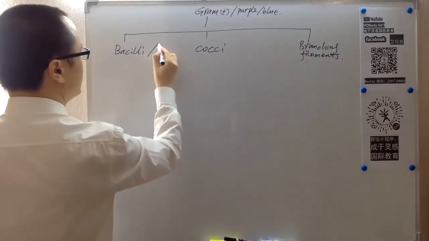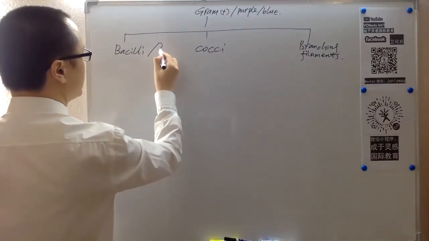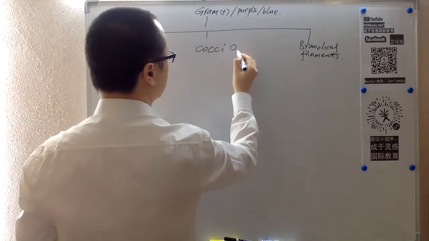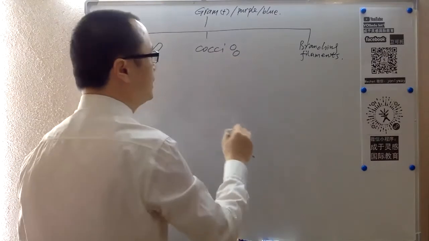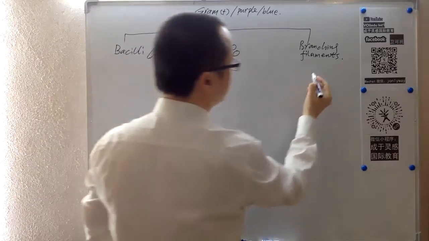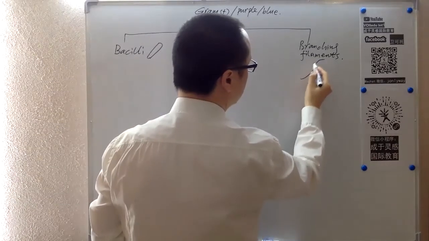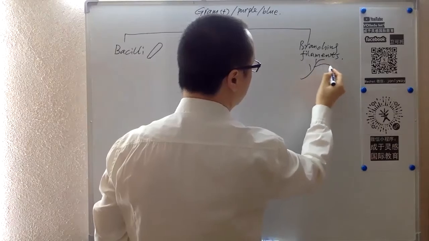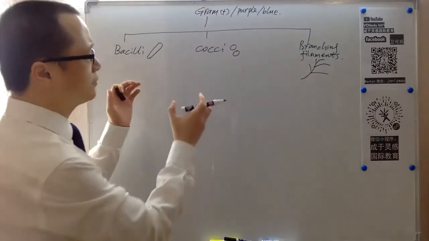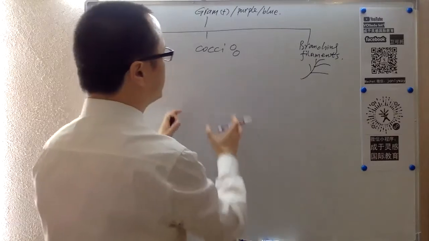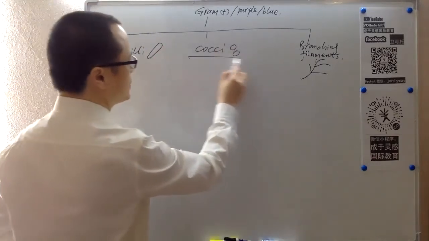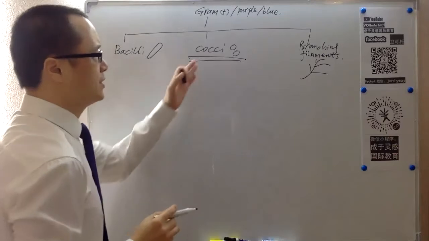The bacilli will be like this, like a bar. The cocci will be like this, like a ball. And filaments are like a branch or dendrite, okay? Well, there are 3 kinds of gram-positive bacteria, but there is too much content about the cocci.